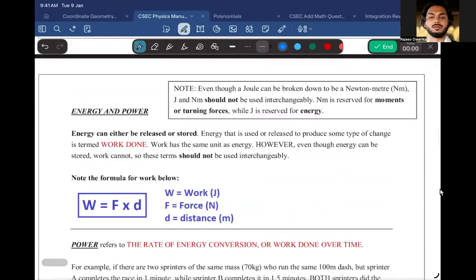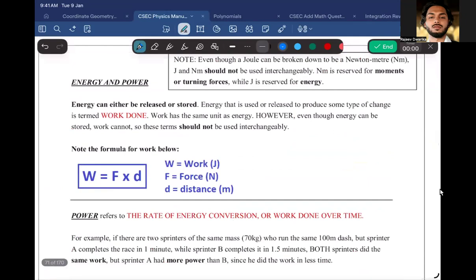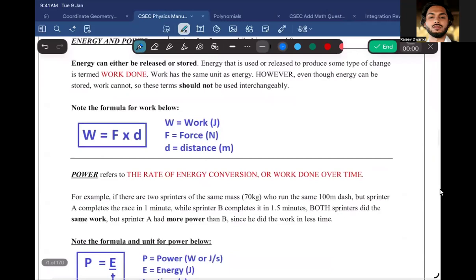And you also should copy down that. So copy down this. Make sure you have this formula for energy, right? So W is equal to F by D. So work is equal to F by D. That's the formula for work.